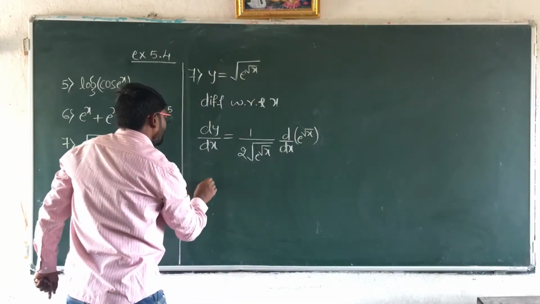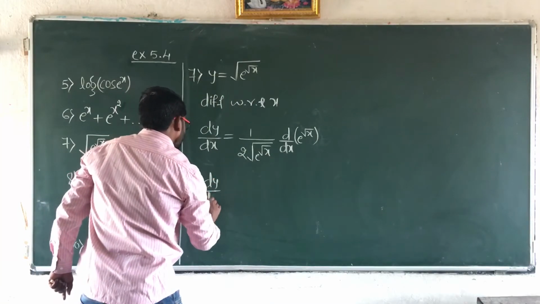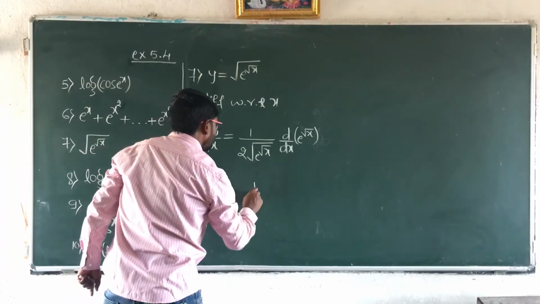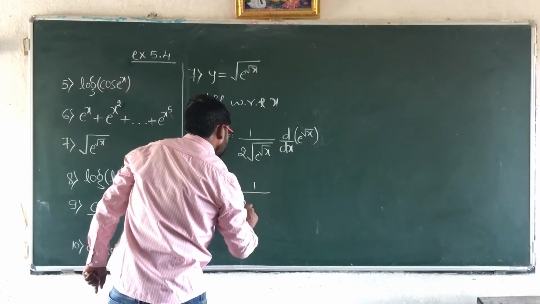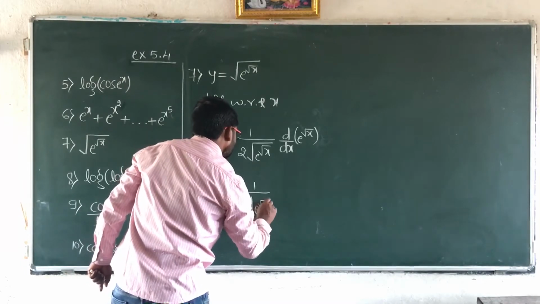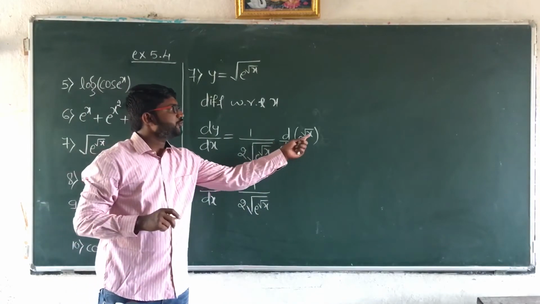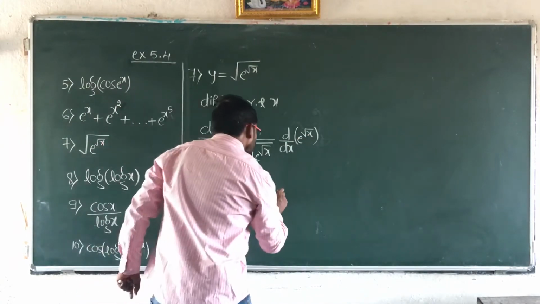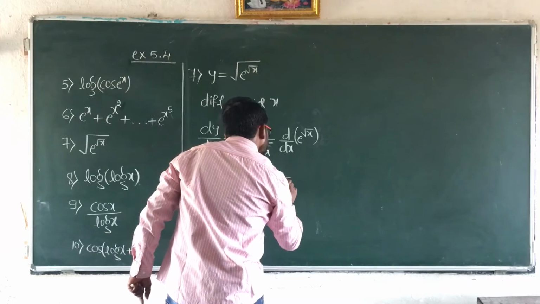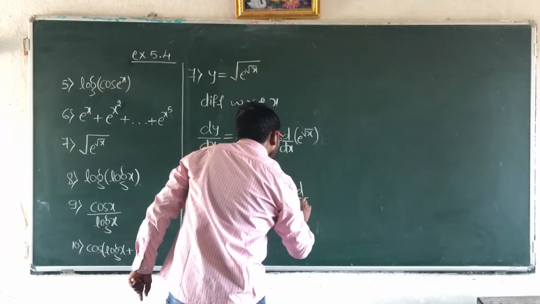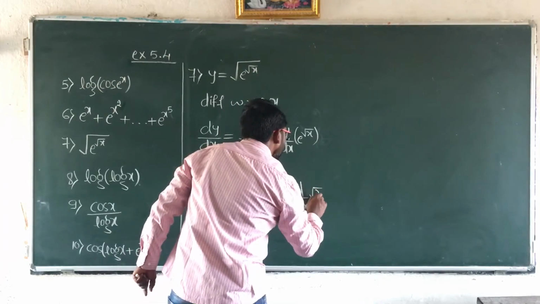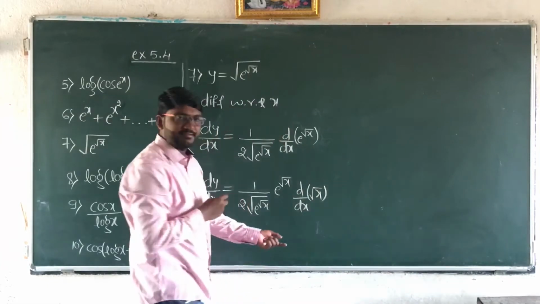So now dy by dx is equal to 1 divided by 2 times under root e raised to root x. Now what is the derivative of e raised to root x? It is e raised to root x into d by dx of root x.